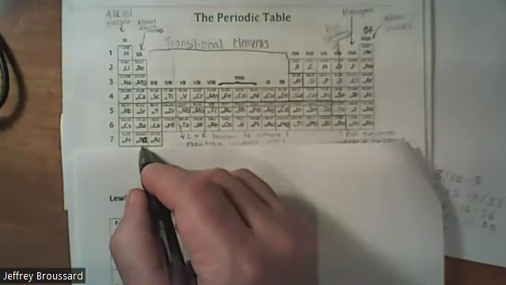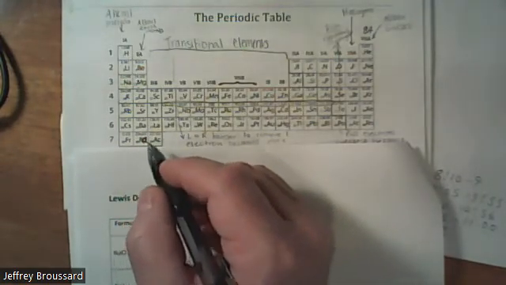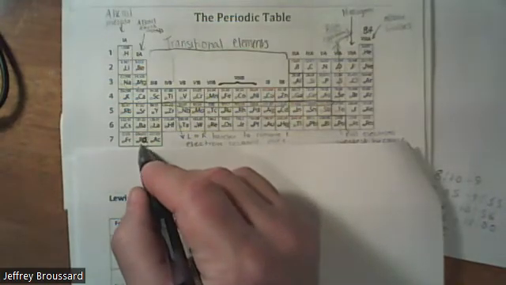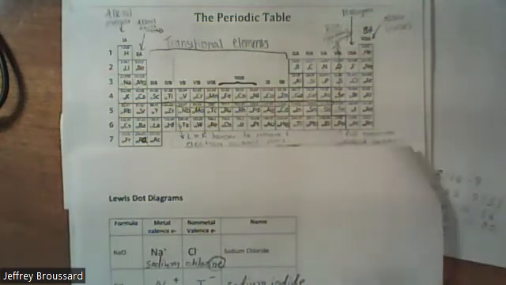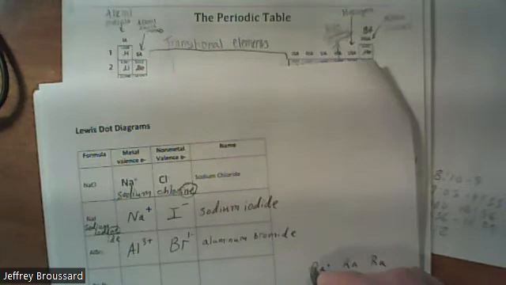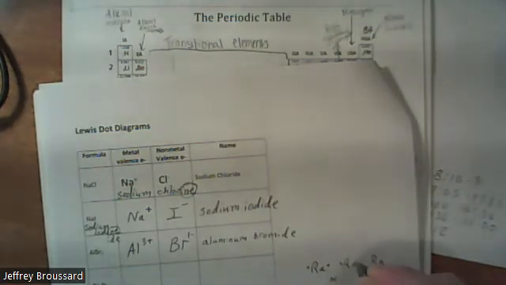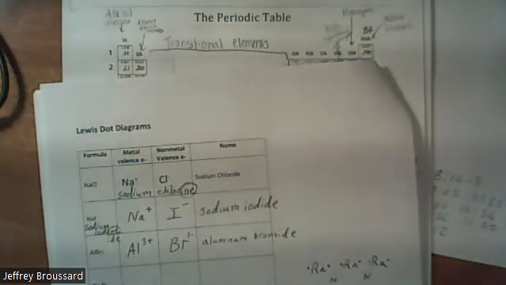Excuse me. Okay, so Ra is going to lose 2 electrons, 1, 2, to become like radon. That's going to make each of these lose 2 electrons. So it's in group 2. So it's got the 2 dots each.